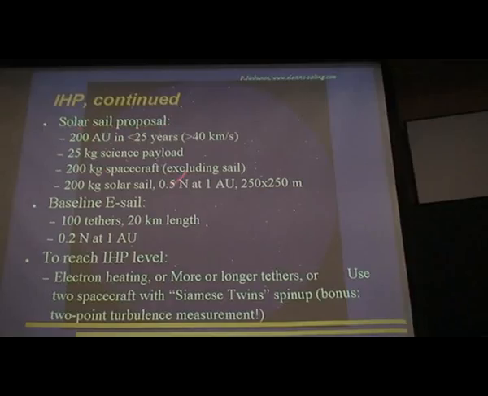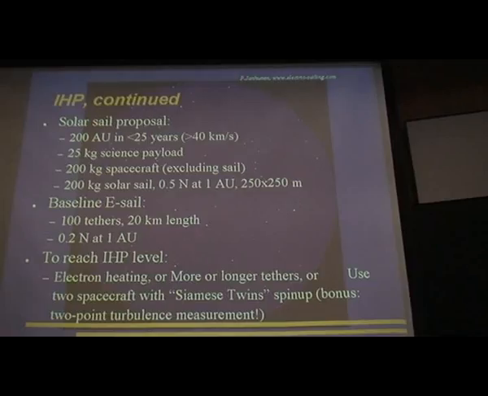So really this is the solar sail proposal, which was already made and rejected, and these are its specifications. We think that we could do this with an electric sail, and we would probably do it in such a manner that we divide the payload into two spacecraft.